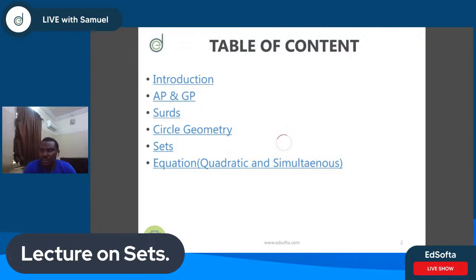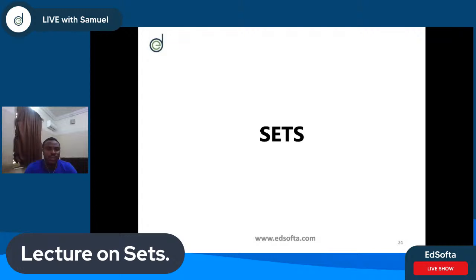Even in the language that we speak, sometimes we say stuff like we have a set of oranges, we have a set of keys, we have a set of cars. So a set is just everything in life arranged in a well-defined order. It's a collection of objects. So when you have objects collected together, that is a set.